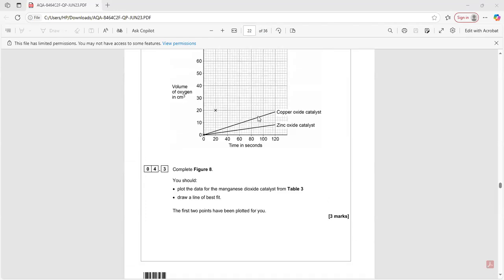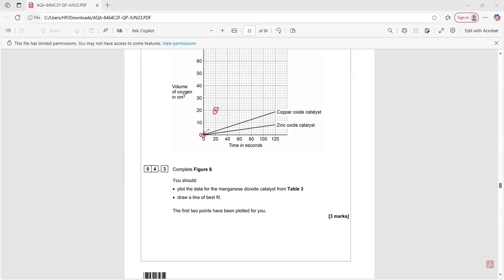Now, how do I know? I know that you've not plotted the graph, but how do I know that the graph for manganese dioxide is going to have a bigger gradient? Well, if you look at the 2 points that were plotted for you, let me see if I can annotate to show you what I'm talking about. Here, this is the first point, and this is the second point.